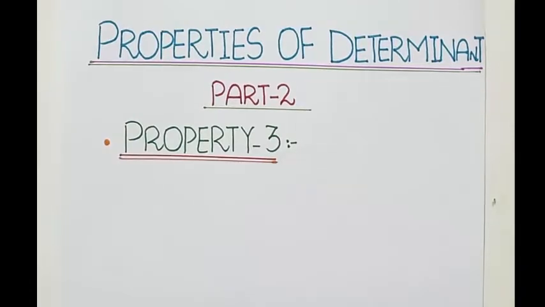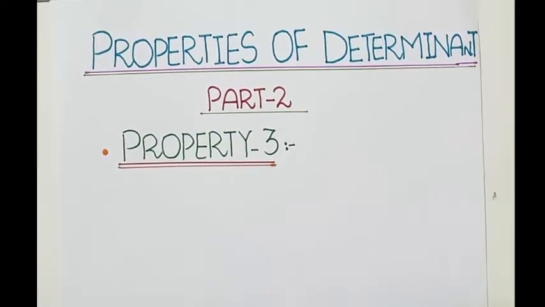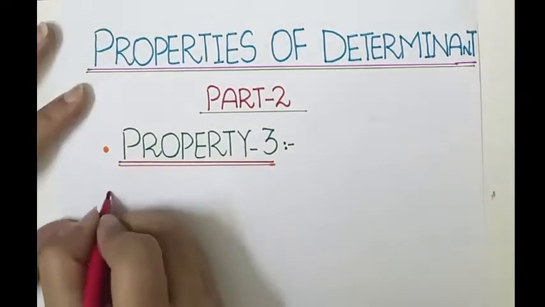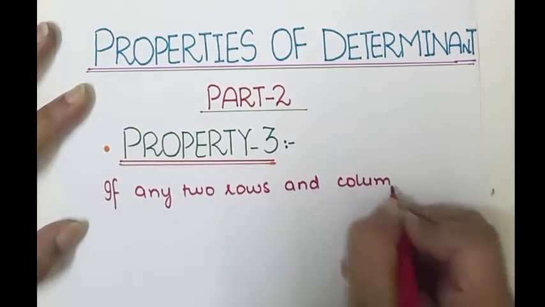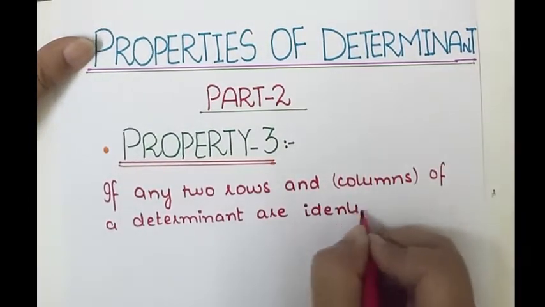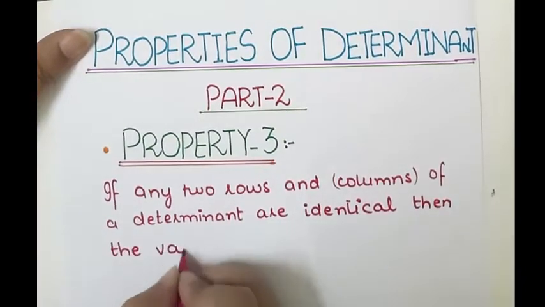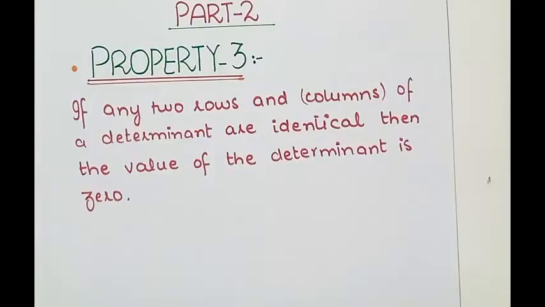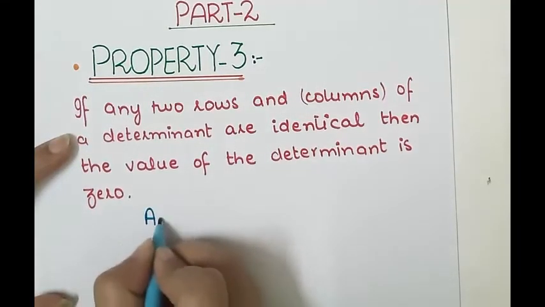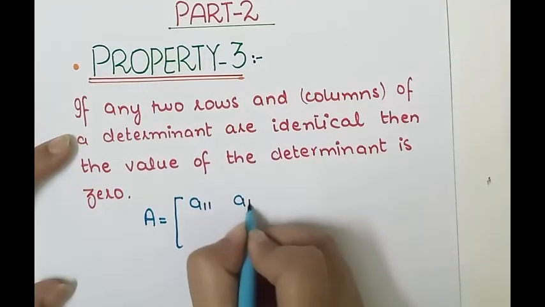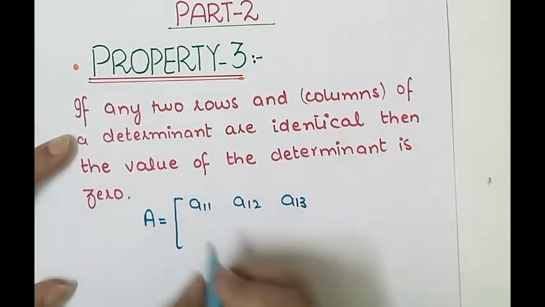So now we will discuss property number 3 today. It says, if any two rows or columns of a determinant are identical, then the value of the determinant is 0. Suppose we have a matrix A having the entries A11, A12, A13.